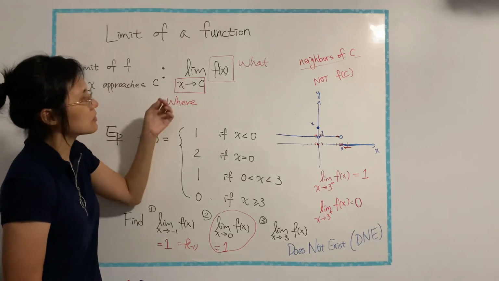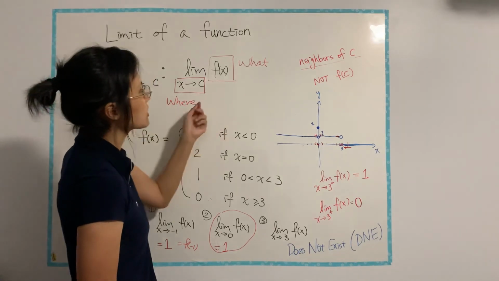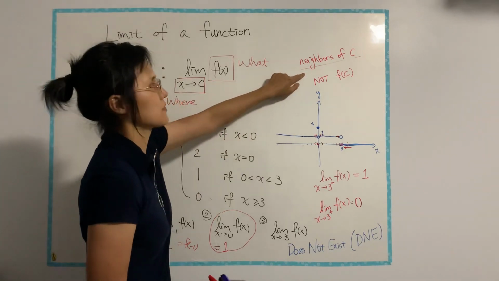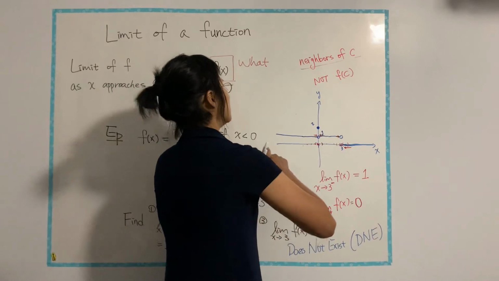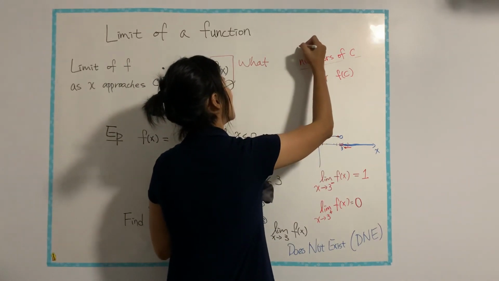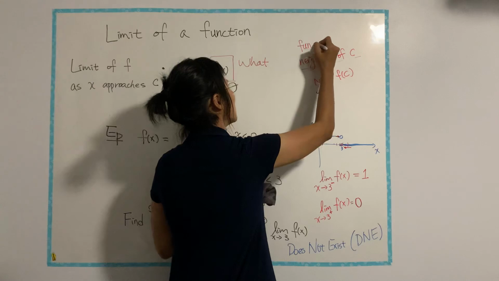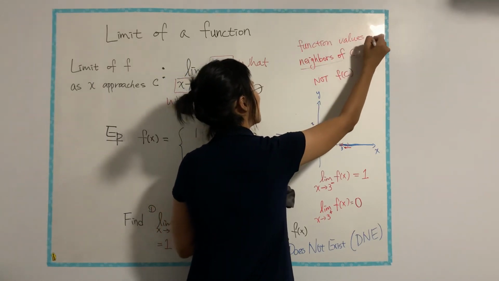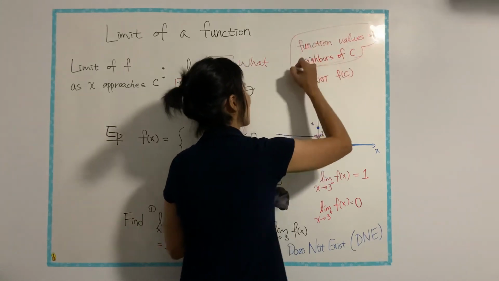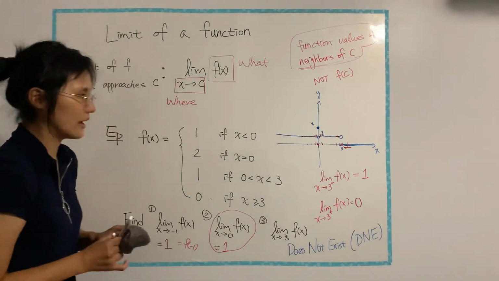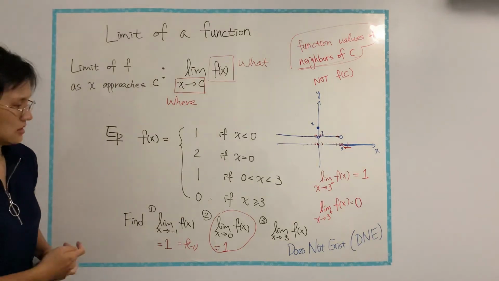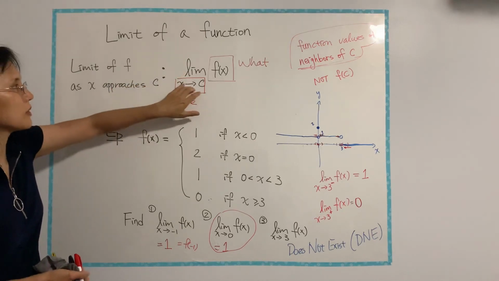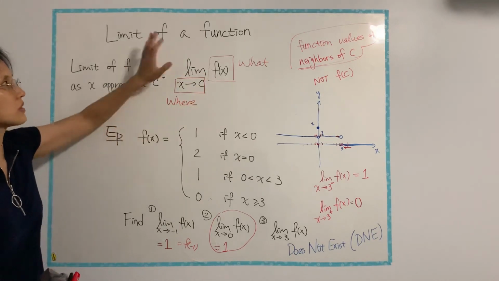So we're not looking at f of c, we're looking at the function values of the neighbors of c. Okay, the behavior around c, not the behavior at c. So I hope this is clear. This is important. Don't drop the where, don't drop the what when you are dealing with a limit of a function.